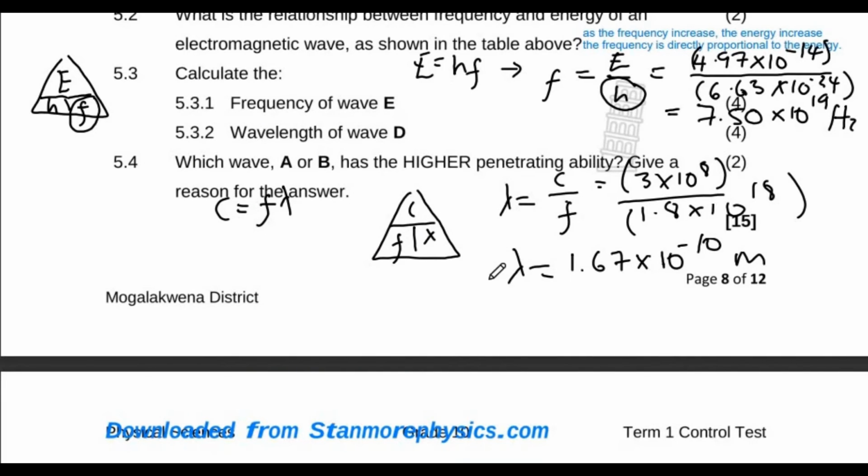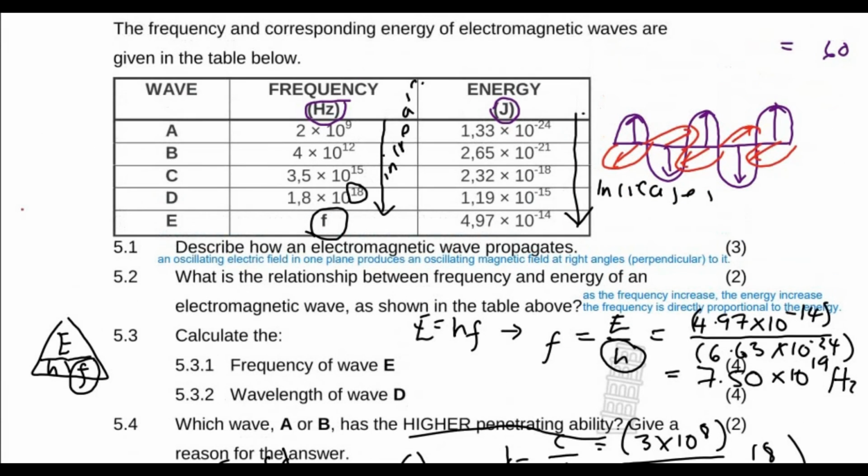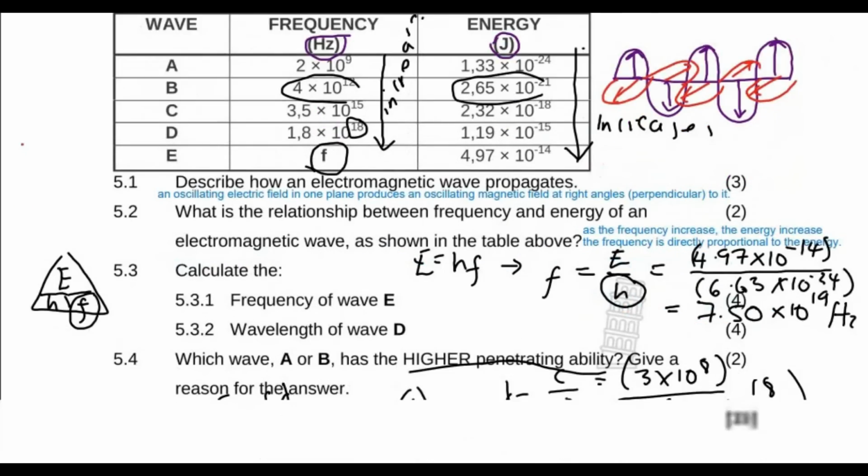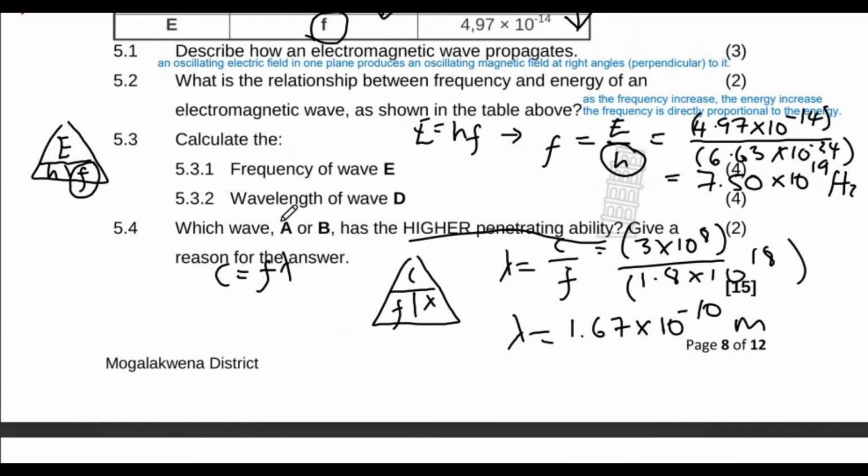The last question for question 5. Which wave, A or B, has a higher penetrating ability? In terms of higher penetrating ability, if a wave has a higher frequency or a higher energy, it means it has a higher penetrating ability. So wave B has a higher frequency and a higher energy than wave A. It means that the answer is B. Why?